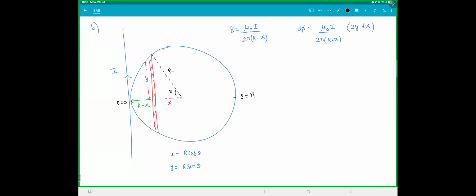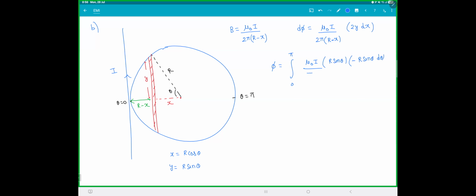Right, Niharika. You ignore the minus sign. It's anyway magnitude. So substitute here. Integral 0 to pi, mu naught I, 2 will cancel. Y is r sine theta. Dx will be minus r sine theta d theta.